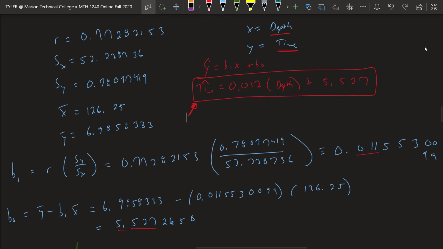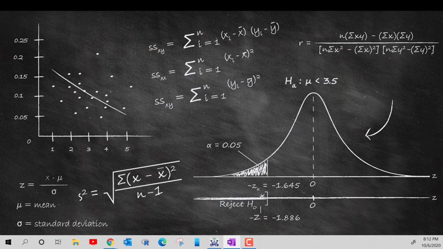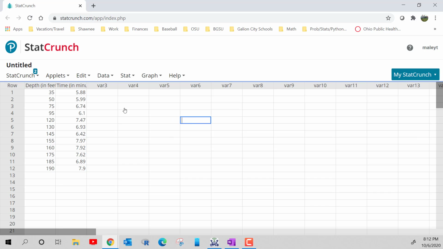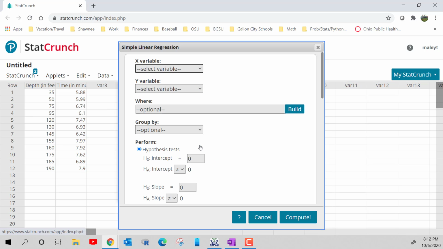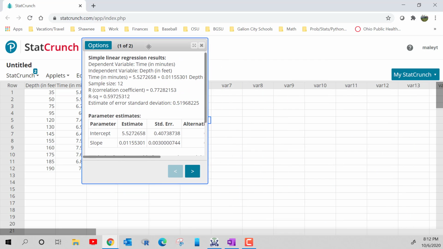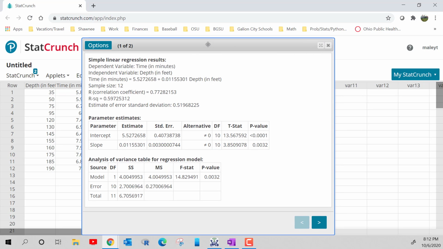Right. So I want to show you how you can find this on StatCrunch also really quick. If I go back to my StatCrunch with my drilling data in it, I can go to stat and then regression and then simple linear, click that, and then select what the x and y variables are, and then I can hit compute, and this gives you a lot of information.